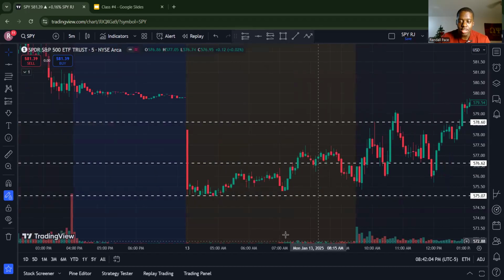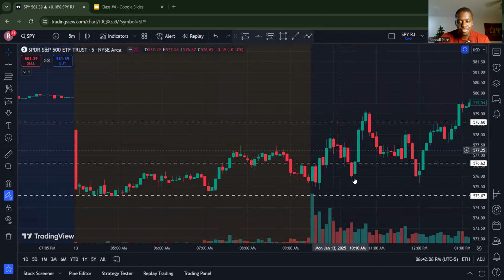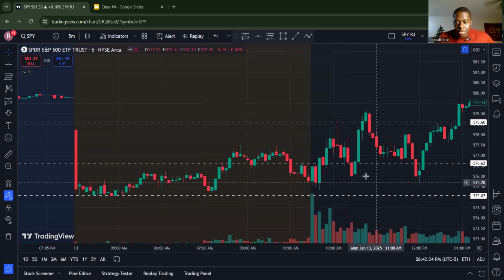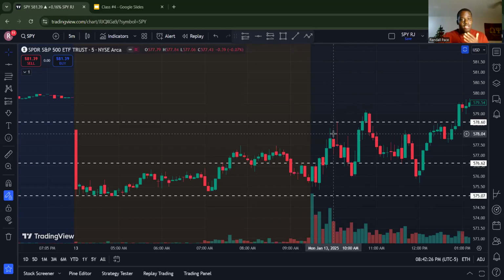Initially I was looking to take it all the way down, but it was so choppy, just up and down, up and down. We just took it here. A close above here was definitely the stop. And I actually kind of wanted it to push up a little bit, get closer to it, and come back down to add contracts, but was only able to get one on there. Yep, that's perfect. That's a perfect example of using that candle as a stop because you really don't have anything else to go off of.